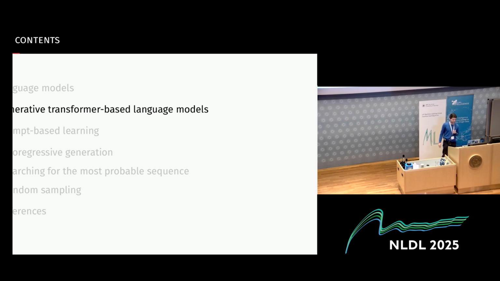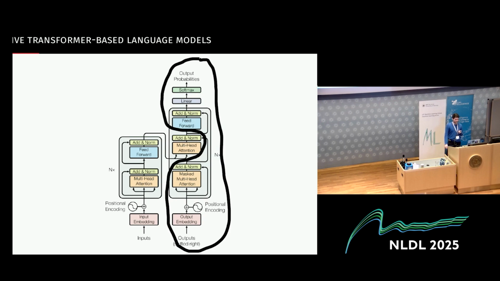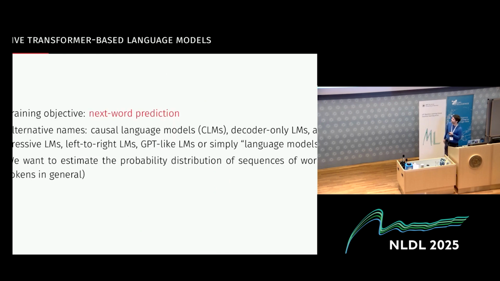Okay, so let's move to generative transformer-based language models. We will use transformers nowadays, and specifically for these generative models, we will just use the decoder part, as was already covered. The task of these models is next word prediction. Given some prefix, estimate the probability of the next word, which is basically the conditional probability that we saw earlier.